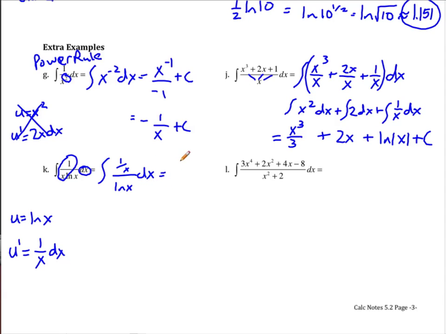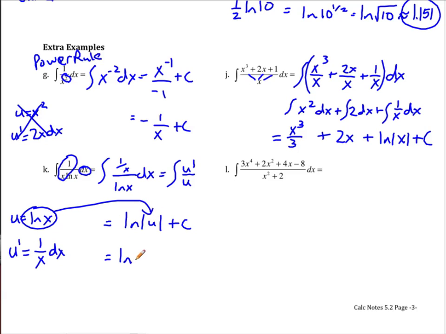And so we do indeed have our u prime over u. Okay, so we know this is going to be the natural log of the absolute value of u plus c. And so then we can just substitute right back in for u. And we get the natural log of the absolute value of the natural log of x plus c. Now notice we keep the absolute value here because natural log can be negative.